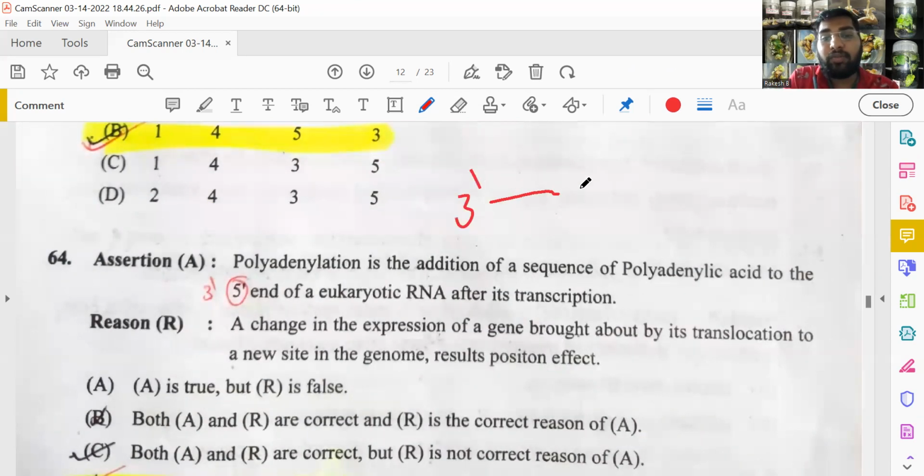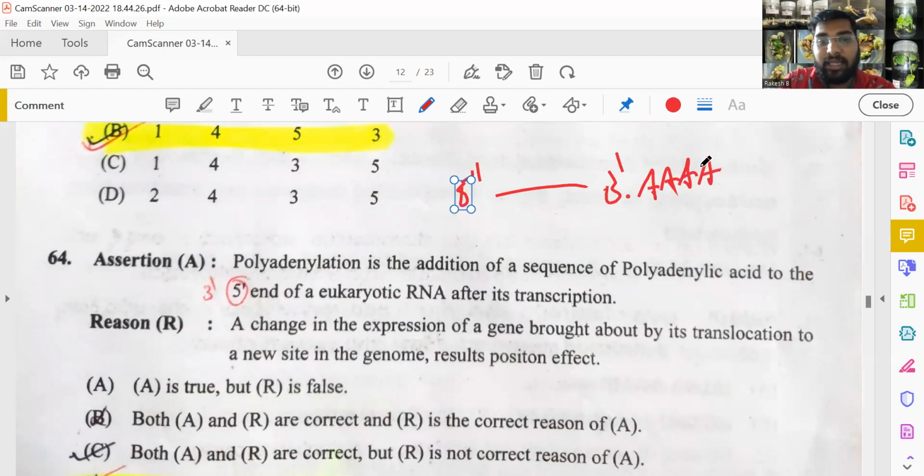The strand is synthesized from 5' to 3', and at the 3' end the poly A tail is added. At the 5' end you get a cap, a methylguanosine cap. So at the 3' end the polyadenyl tail is added, but here they have said it is 5'.